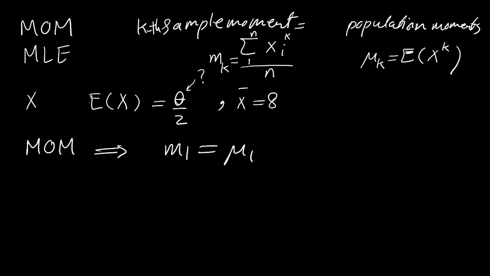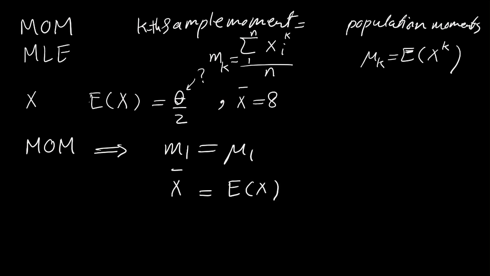So we set m1 to mu1. m1 is x bar and mu1 is expected value of x. X bar here is given, it's 8, and expected value is given, theta half.